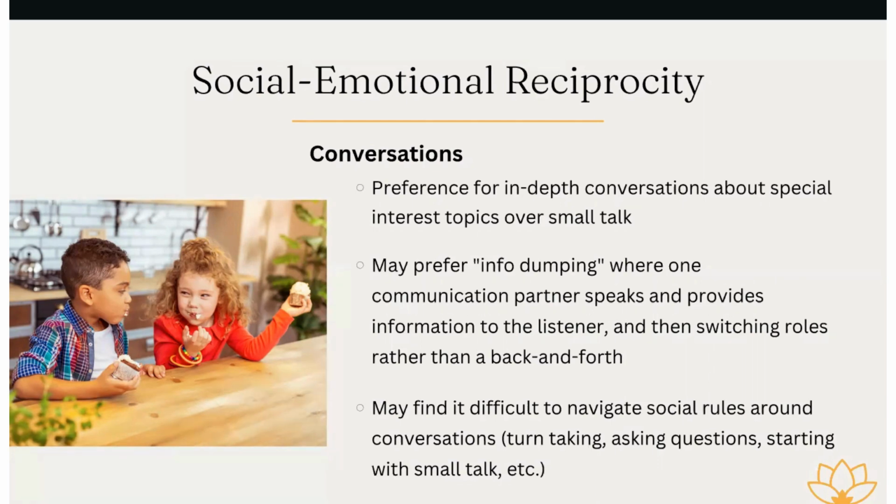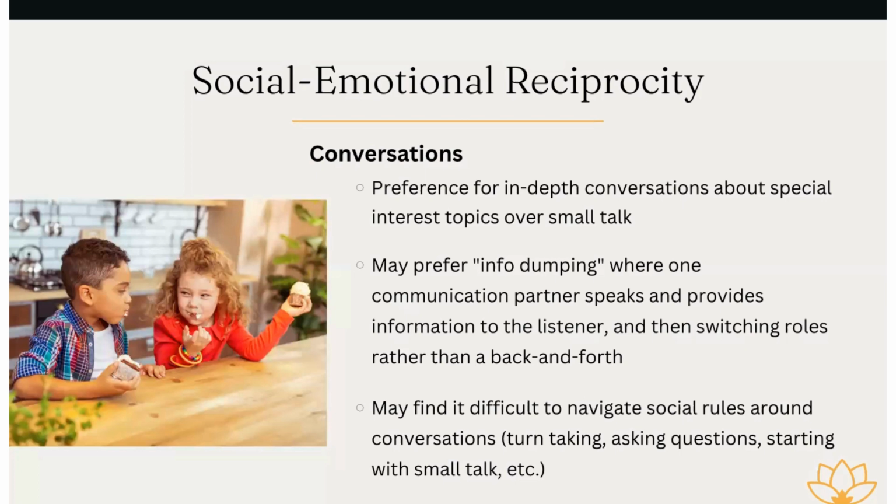One communication partner is speaking and providing information, and the listener is just listening, and then they might switch roles, rather than a social norm traditional small talk where it's back and forth, where one person asks the question, the other answers, asks the question back, and they go back and forth. This might be very overwhelming to an individual who is on the autism spectrum, and they might rather prefer to just have one person speaking, the other listening, and then maybe later on in the conversation, switching roles.